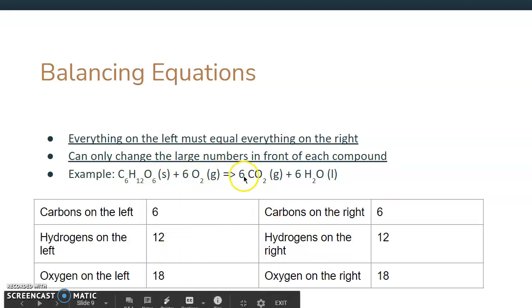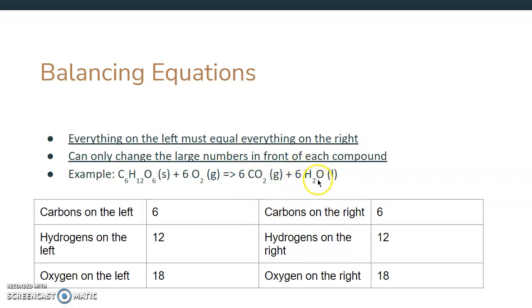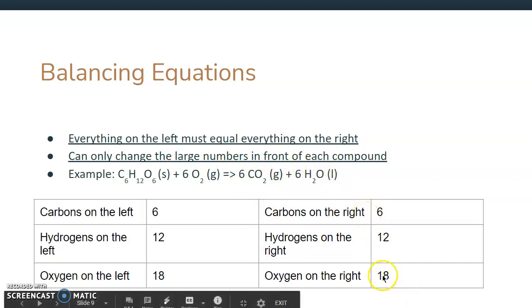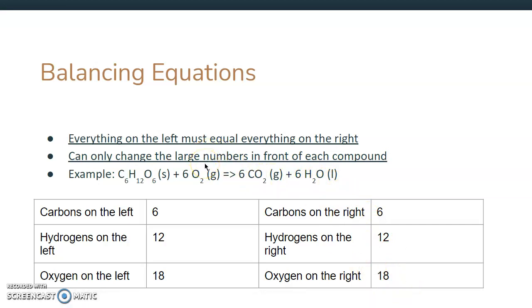And that equals 6 times 2, 12, plus 6 times 1, which is just 6. So 6 plus 12 is 18 as well. So that is how we count our elements, and that's going to be very important as we start to balance these equations.